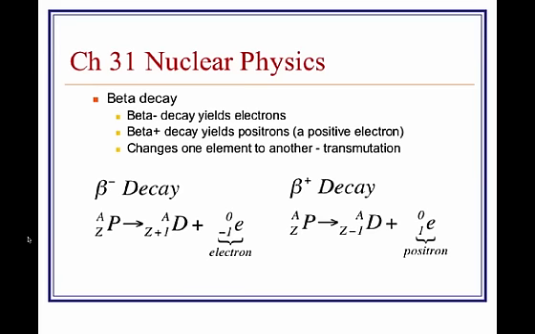Now, let's say boron 12, with 5 protons, can undergo beta minus decay. That means a neutron changes into a proton and ejects an electron, shoots an electron off, and now it becomes, for example, carbon with 6 protons. This is an example of beta minus decay.